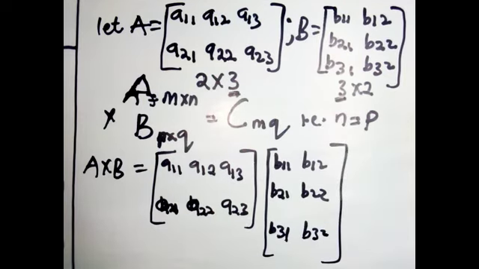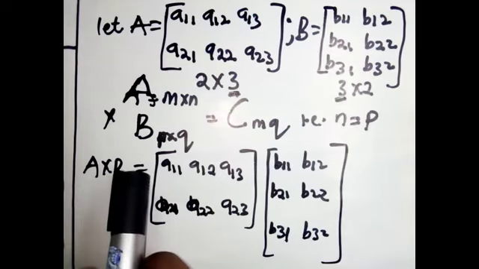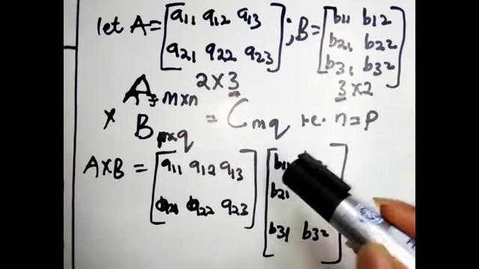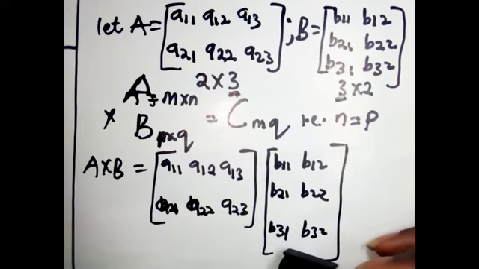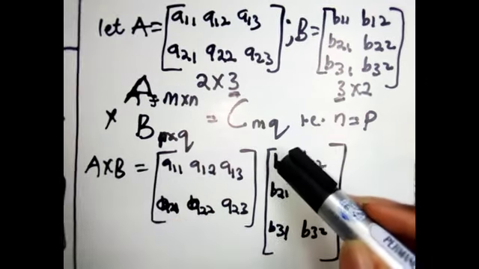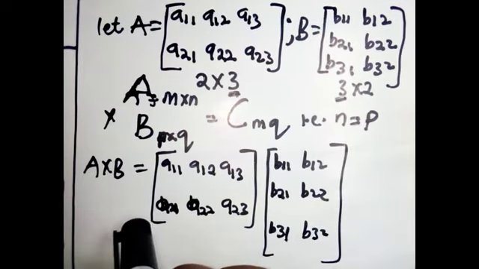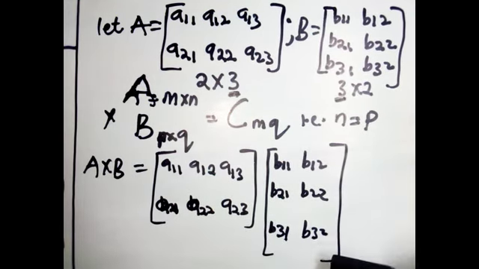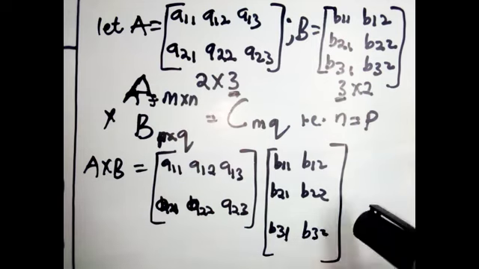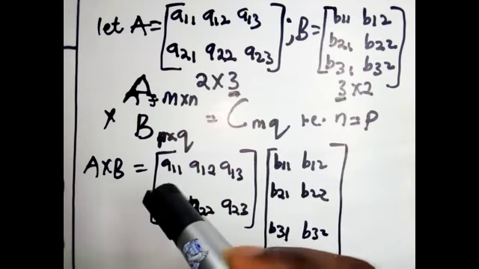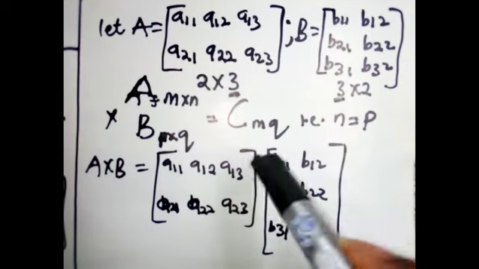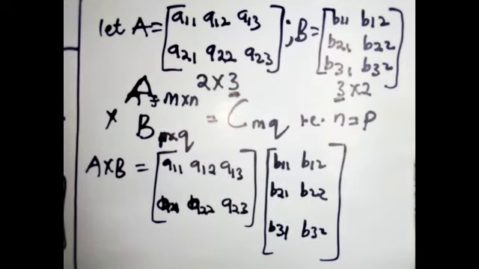Hence, the pattern for multiplication follows this way: you multiply the rows of the first matrix by the columns of the second matrix. That is why for this multiplication to be carried out, the number of columns in the first matrix must be equal to the number of rows in the second matrix.